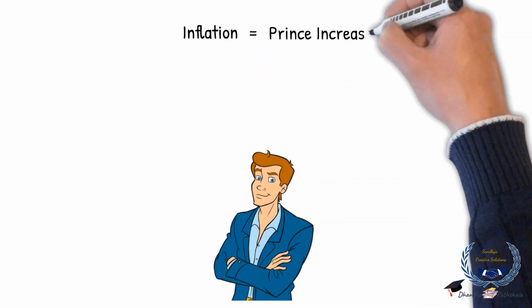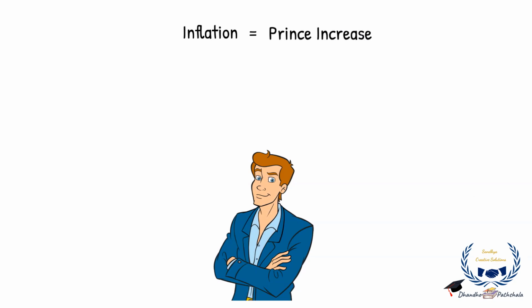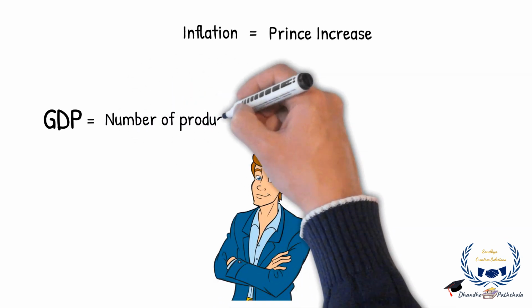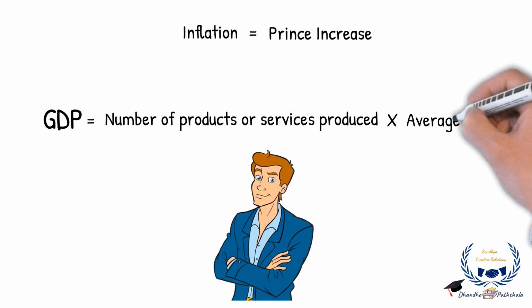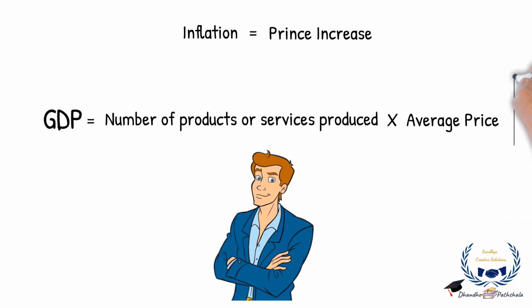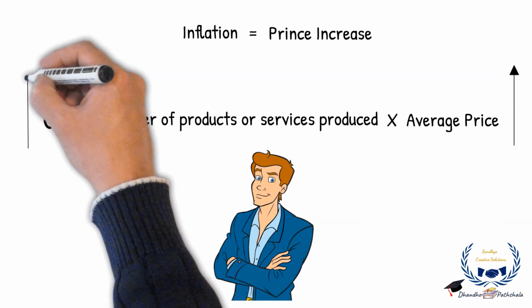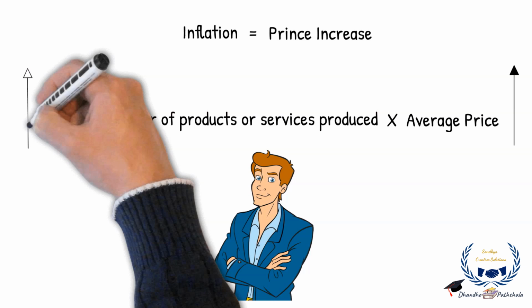As we have already observed, over time, the price of every product or service increases. This gradual increment of the price is called inflation. As we know already, the two most important factors, which affect GDP are number of products or services produced, and price of the products or services. So if price increases, GDP will increase. That's why inflation is a very important part of GDP.